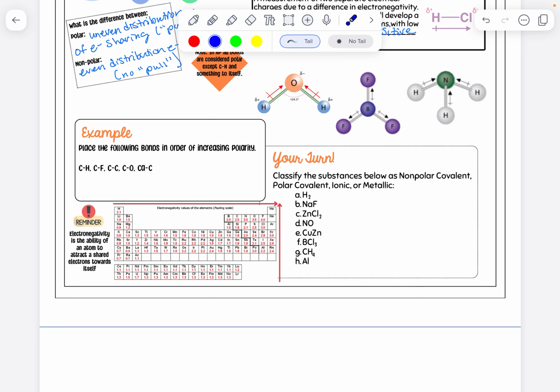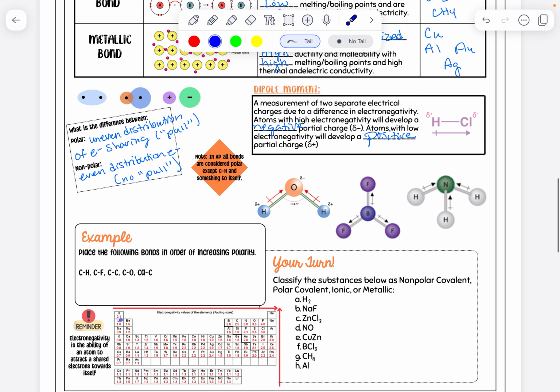So chlorine has very high electronegativity, hydrogen is lower. So that means this chlorine is going to attract the electron closer to it. So the electron would be closer here, creating this partial negative charge or this negative dipole. Because the electron is being pulled closer to the chlorine, this hydrogen is going to have a partial positive charge.